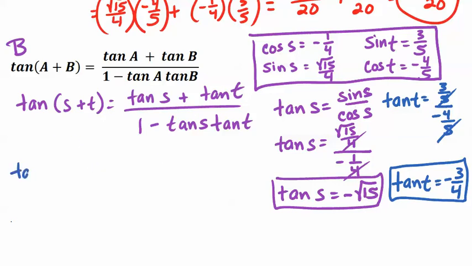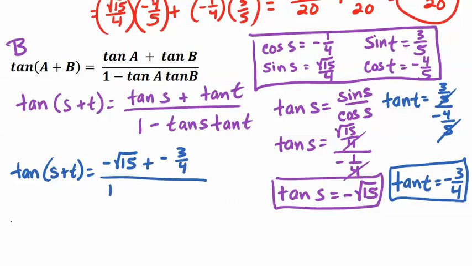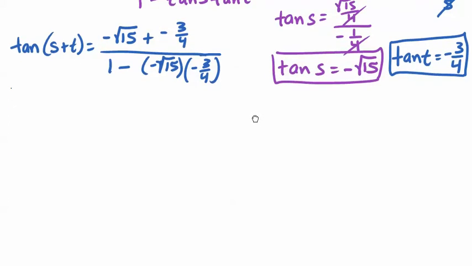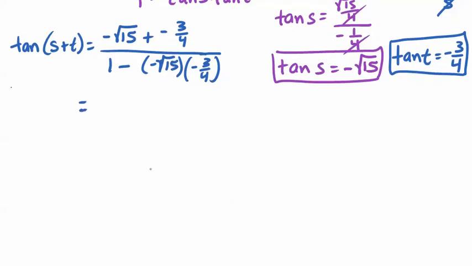So we're ready to find the tangent of our two angles added together. It is the tangent of the first angle, negative square root of 15, plus the tangent of our second, negative 3/4, divided by 1 minus the product of our two tangents. And the biggest part of these problems is the arithmetic and cleaning this up.